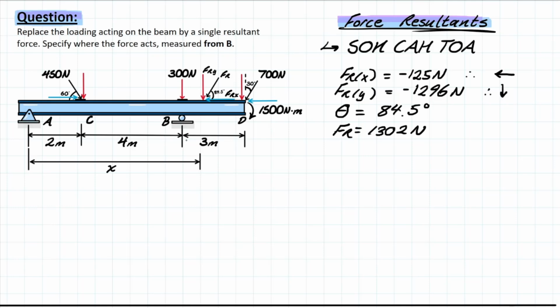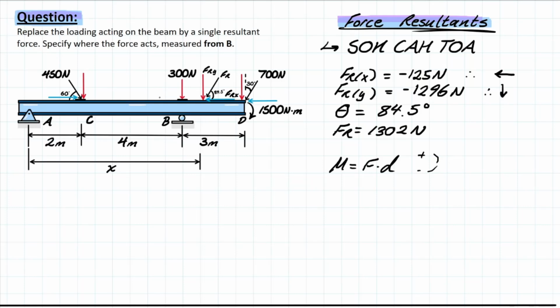Now, why do I need to consider this x from A to Fr? It's for simplicity mainly. If I took a moment about B, for example, and I'm saying moment is force times distance, right? If we're looking for the distance between B and the resultant, then we need to consider a moment equation. However, if I took Fr about this side, the sign convention is going to be different than if I took it from the other side, because the convention for moment is typically negative for clockwise, positive for counterclockwise.